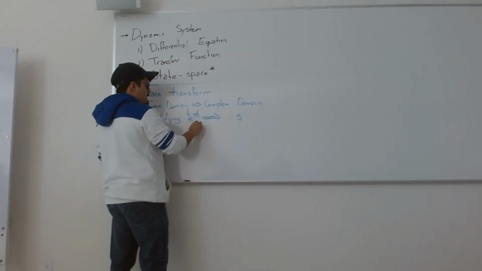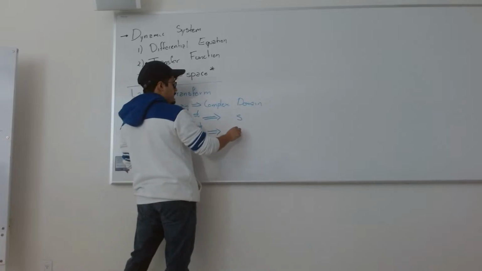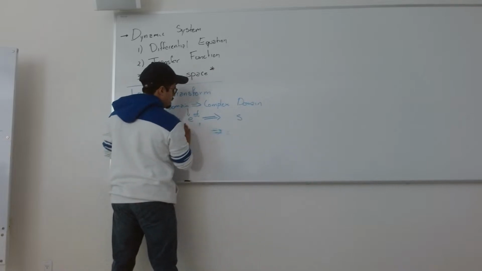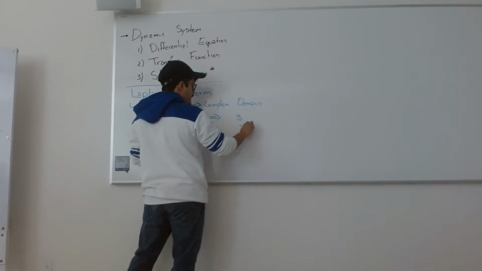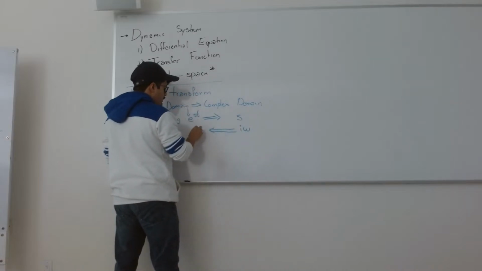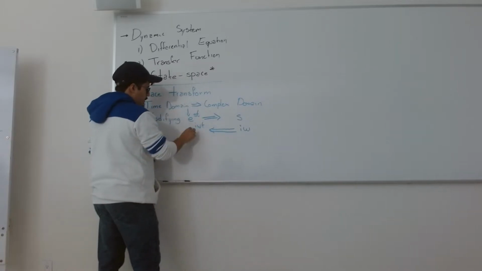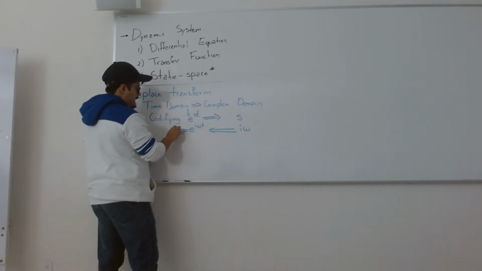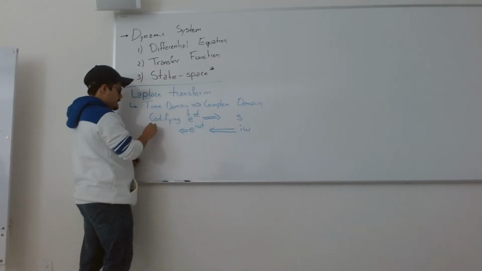If I have something like this, this is the coefficient of oscillation. So the idea here is if I have an imaginary part in the complex domain, I will code it to e to the i omega t, which will also be coded back as sine and cosine, right?